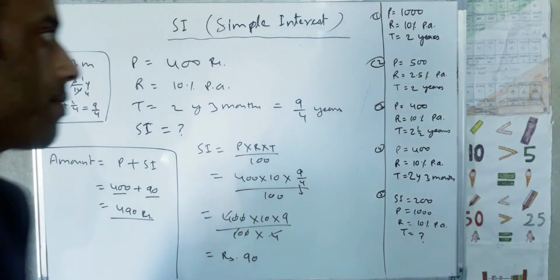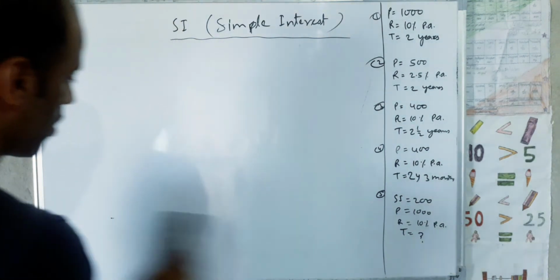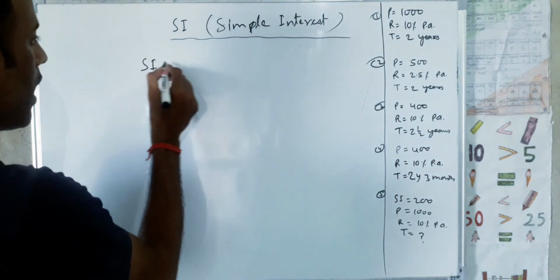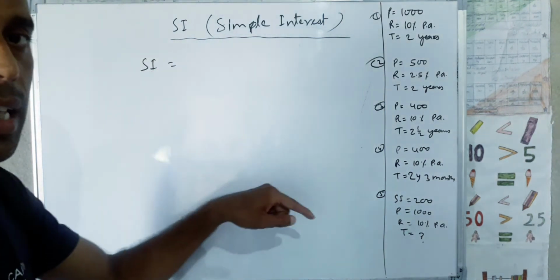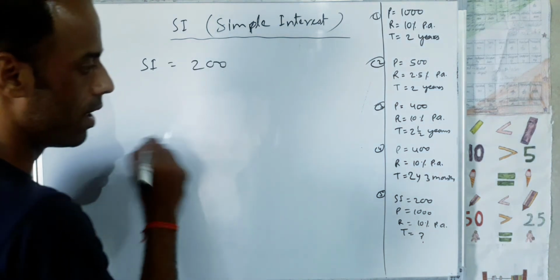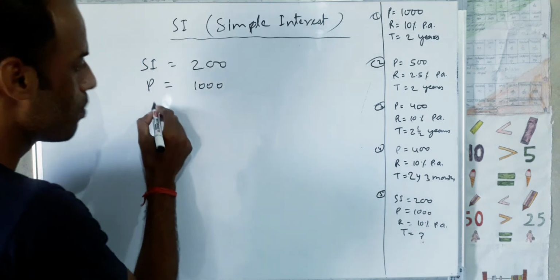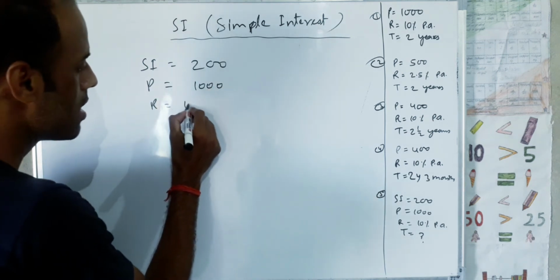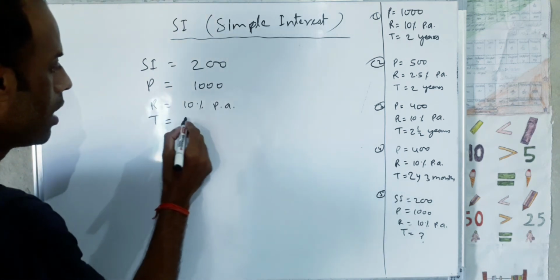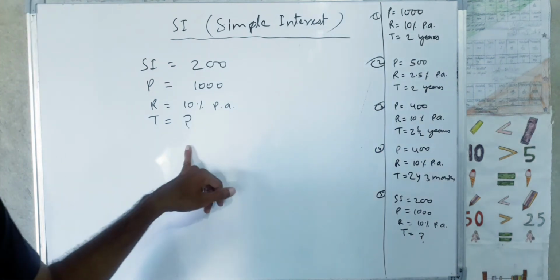Now next question. Question number 5 here. SI is given here, rupees 200, and principal is also given here, 1000 rupees. Rate is 10% per annum and we have to find out time.